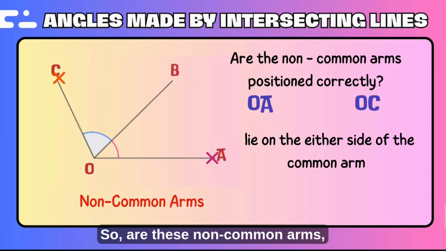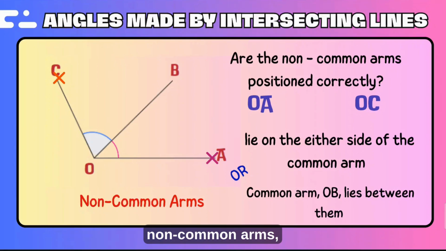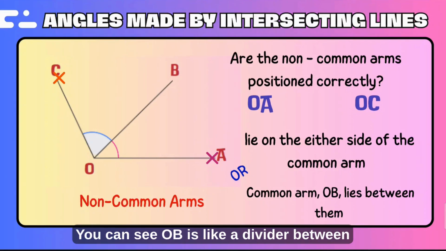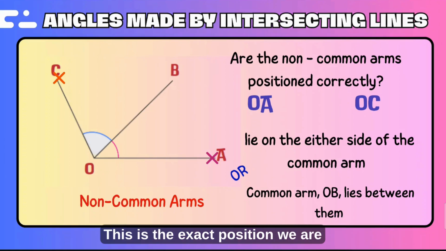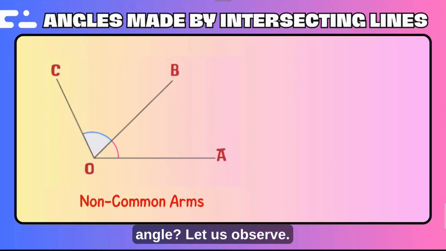So are these non-common arms, the ones that are crossed, on either side? Which also means that the common arm should lie between the non-common arms, as illustrated in the picture also. You can see OB is like a divider between both the angles. This is the exact position we are talking about for non-common arms. But what does it actually mean for the angle? Let's observe.